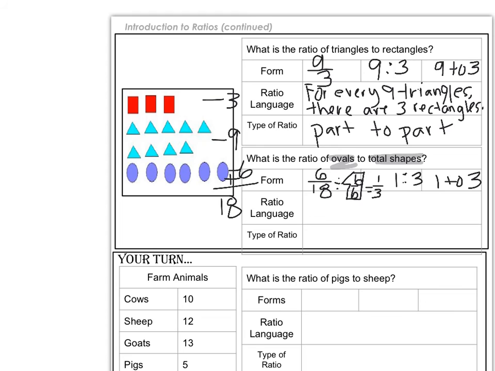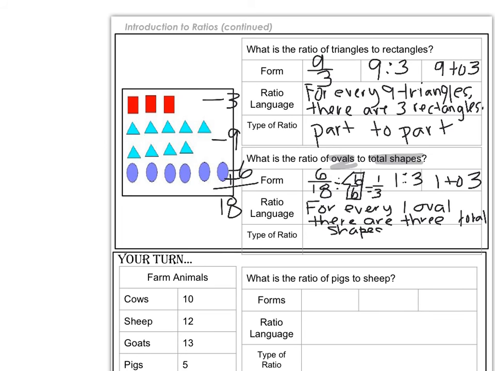Okay, using ratio language, we're going to use the simplified ratio. So we're going to say for every 1 oval, there are 3 total shapes.